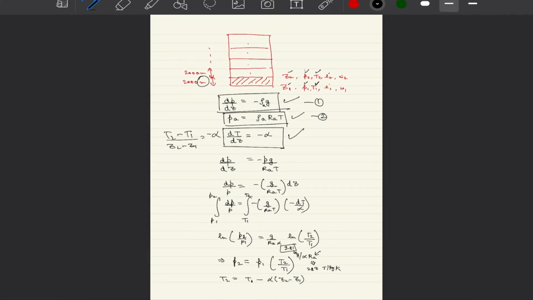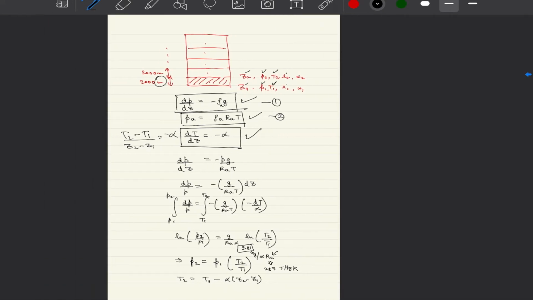First of all, we will calculate the density of air at level 1, which is given by P_A1 divided by R_A T. We know that atmospheric pressure is given as 101.3 kilopascal.